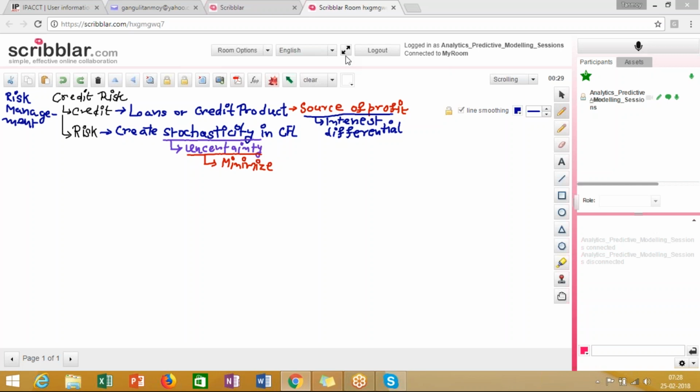So the next thing that we need to understand from here is that risk management strategies would help us not only in regulating the overall quantity of the credit, but they will also help us channelize the credit to good quality borrowers, right? So suppose there are three people A, B and C who come to me asking for a credit.